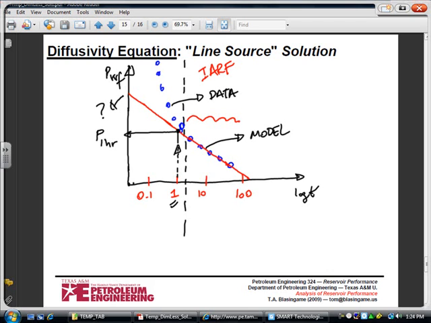And the most common mistake I've seen so far, people are reading the value of P1 hour from the data, they are coming up with this point as P1 hour. It's not correct. You will always read the slope and the intercept from your model, not data.